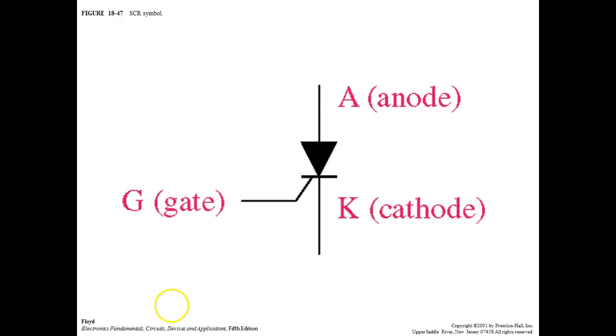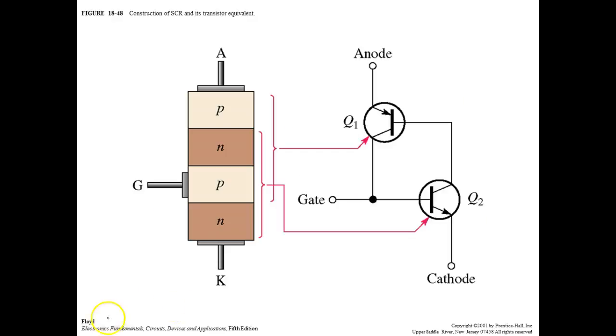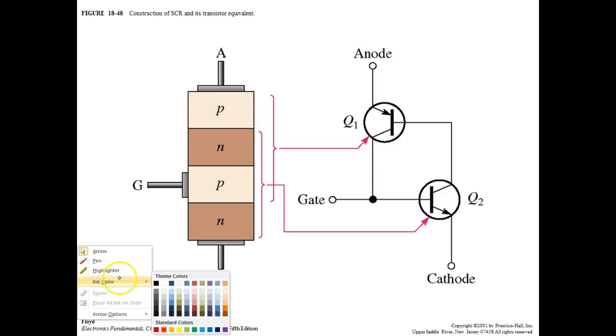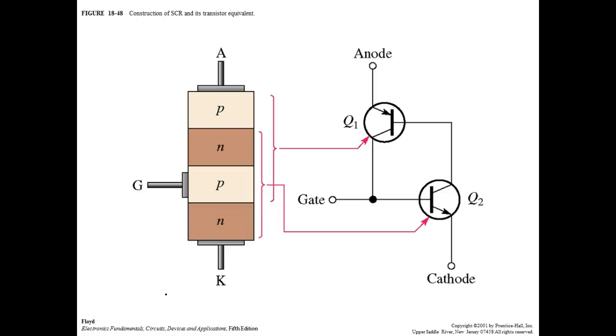So this is the symbol. This is the way it's made up. To forward bias it, we have to make the anode positive in respect to the cathode.